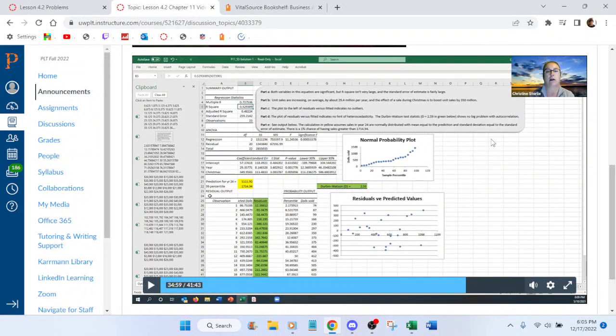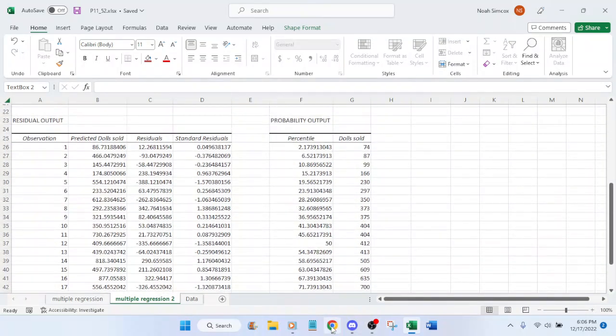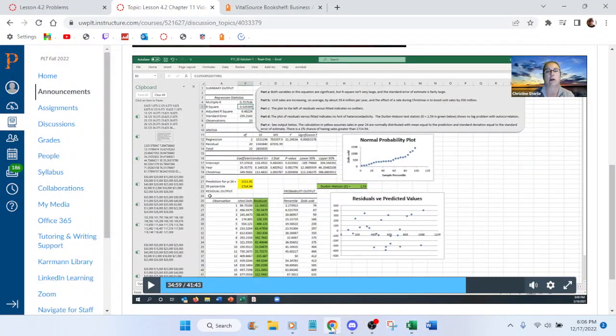Plot to the left of the residuals. You mean to the right? If you look at residuals versus predicted values, it doesn't show outliers. But I guess we'll have to go with residuals.